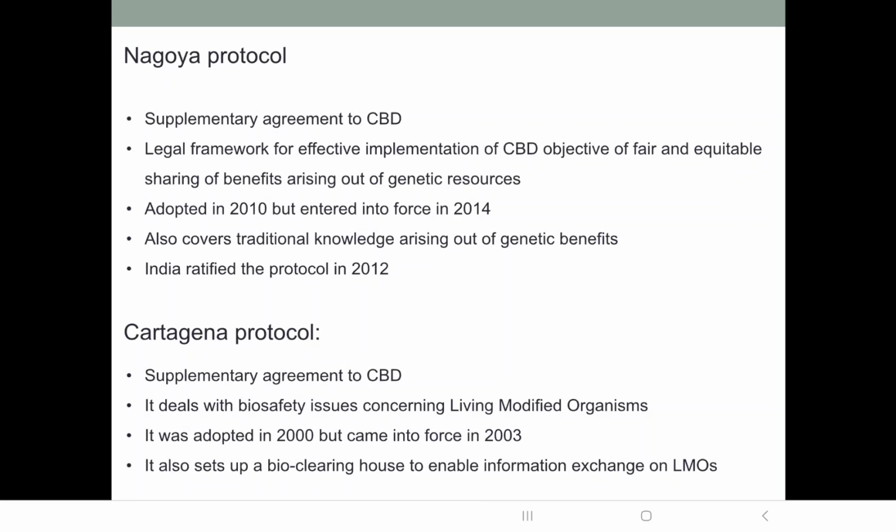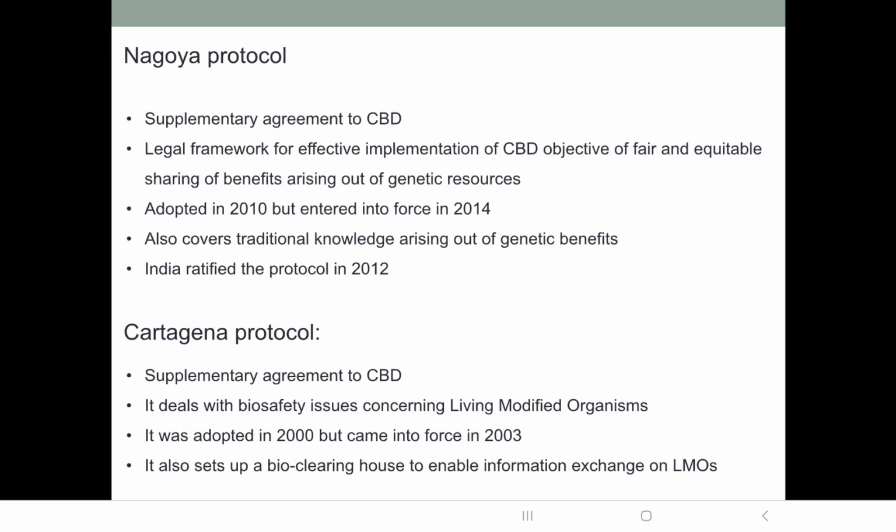So there have to be biosafety measures. Any country importing a living modified organism has to be aware of the environmental consequences of this imported living modified organism in its country. So all these provisions are governed under the Cartagena Protocol.